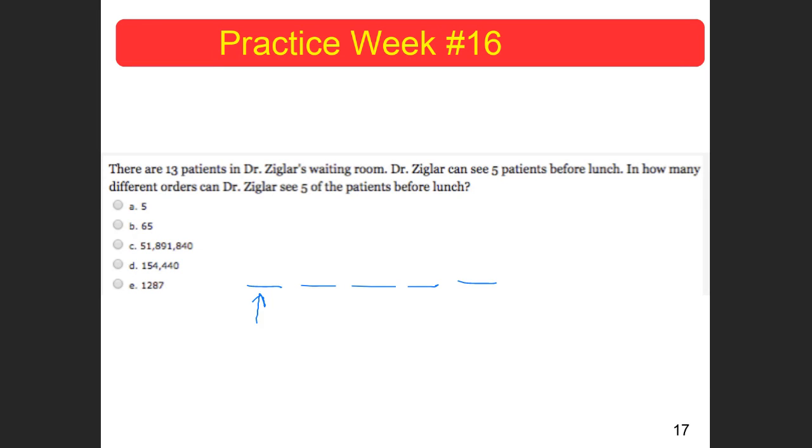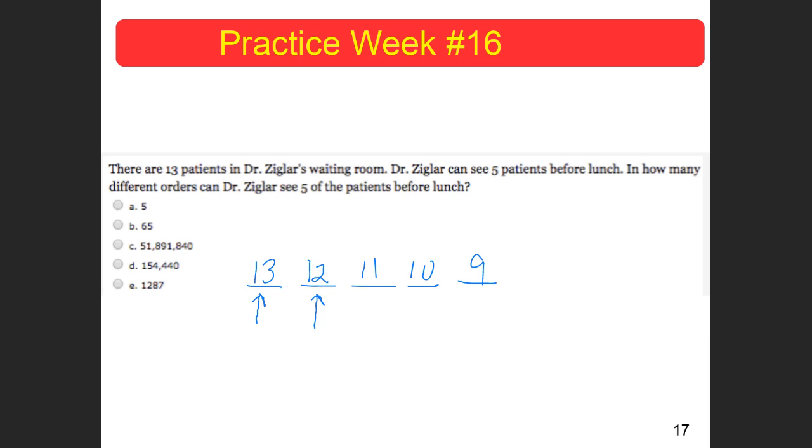How many ways can he see the first patient? Or how many different patients are there? 13. Okay. Now that patient is being seen. How many different ways can he choose the second patient? 12, right. And it's just going to go 13 times 12 times 11 times 10 times 9.